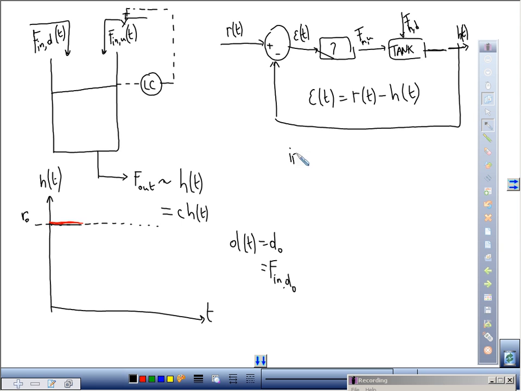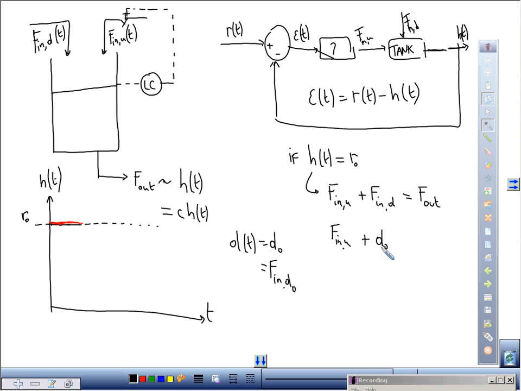So if the level is constant and equal to the reference that I have set, then I should make sure that my total input flow rate equals my output flow rate. But in this case, this is what I'm looking for, the manipulated variable that should be chosen by the controller.